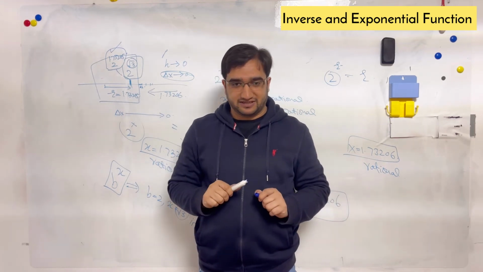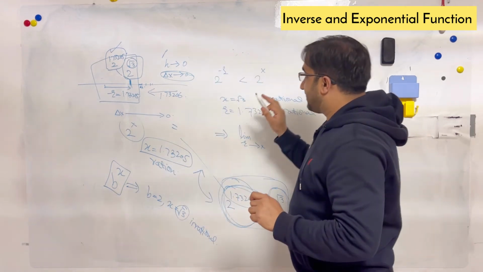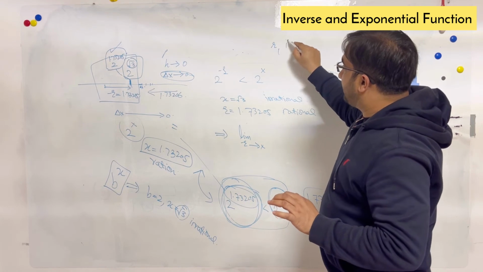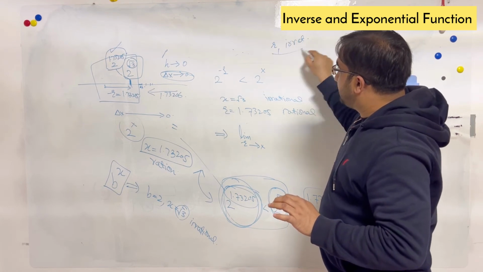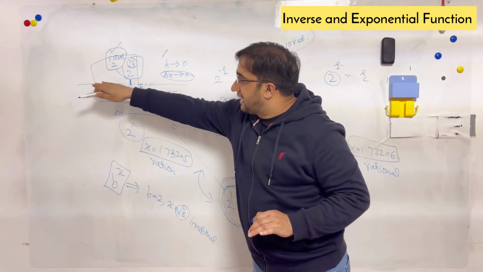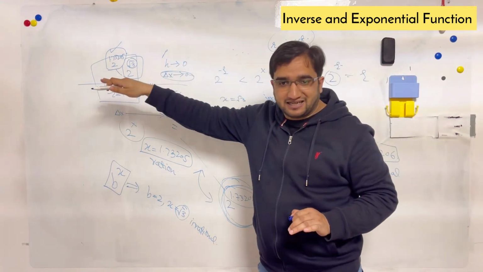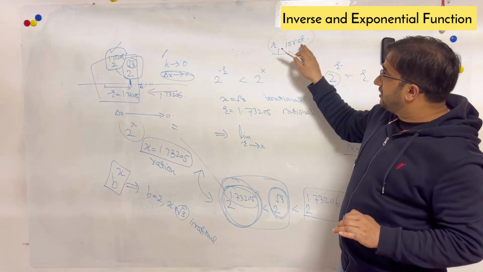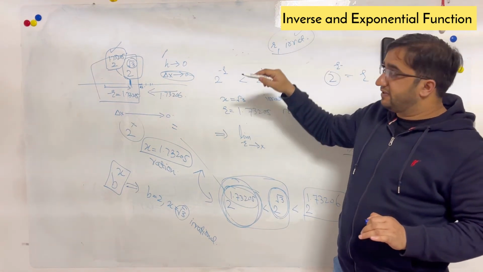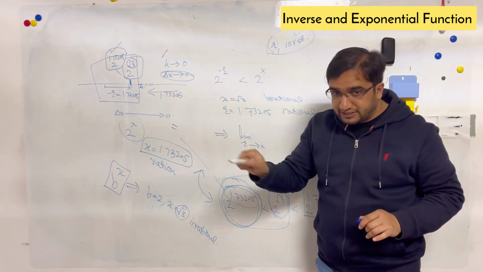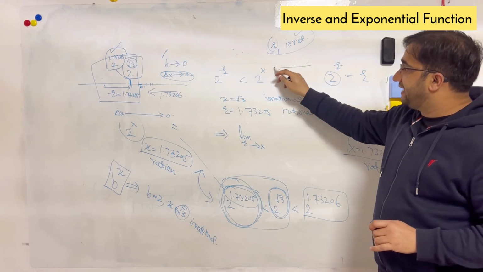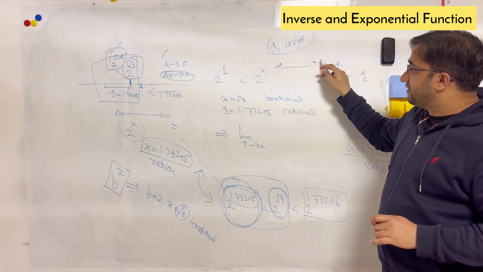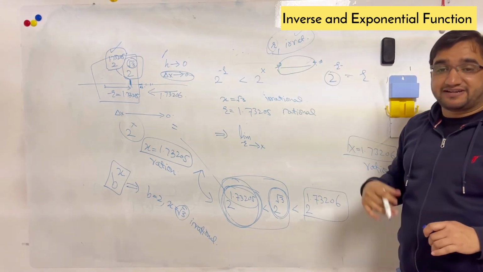Whether rational or irrational, all the numbers on the line from negative infinity to positive infinity are called real numbers.